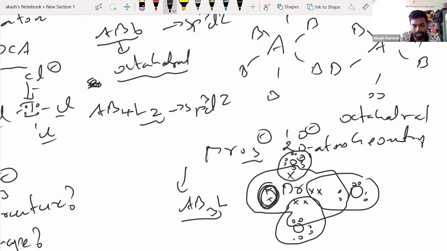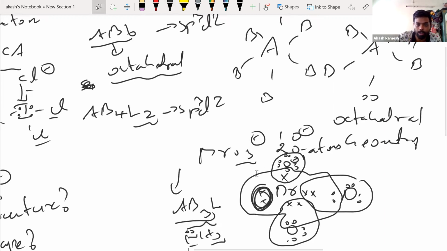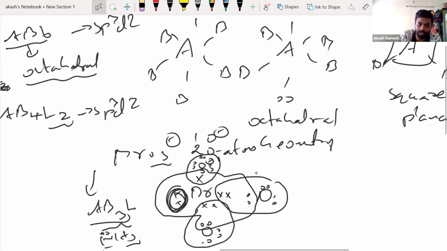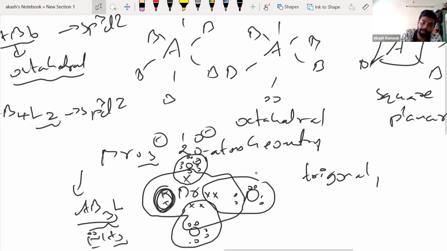So this is of the form AB3L. It's not AB3, but the shape you mentioned was correct. AB3L is like the ammonia molecule with a lone pair: 3 bonding atoms and 1 lone pair. Whenever you have 3 bonding atoms and 1 lone pair, the shape is going to be trigonal pyramidal.